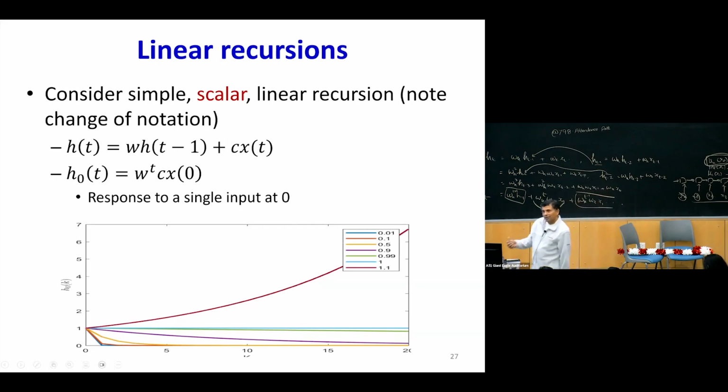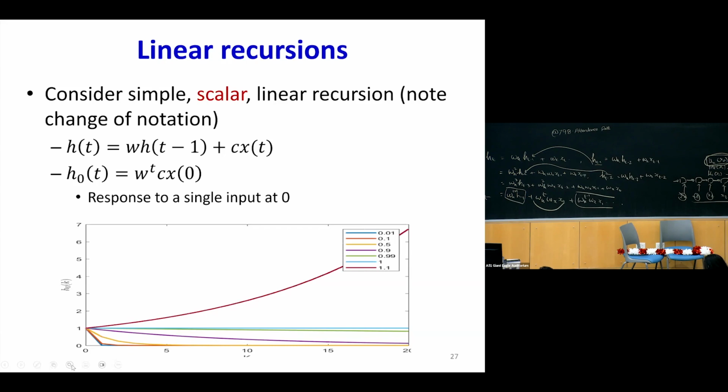So to analyze if the response is going to blow up or not, what do I need to consider? Which parameters determine if the output is going to blow up or not? Just the size of W. Just W, which W? WH, the recurrent weight. When will it blow up? If it's greater than 1, it's going to blow up.